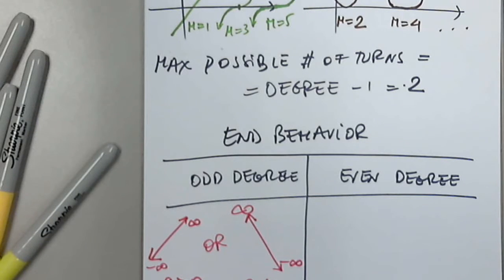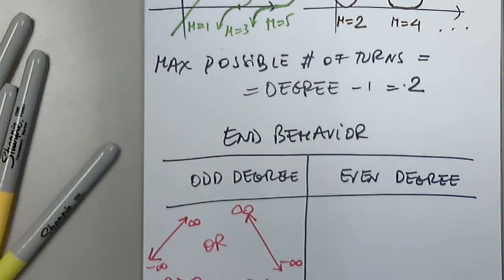Can anyone give us an example of an even degree polynomial function, the simplest possible on the planet, that we know everything about? X squared. X squared. What are the two options for x squared? If the leading coefficient is positive, how does it look? As a minimum. Right. If the leading coefficient is positive, it has a minimum.